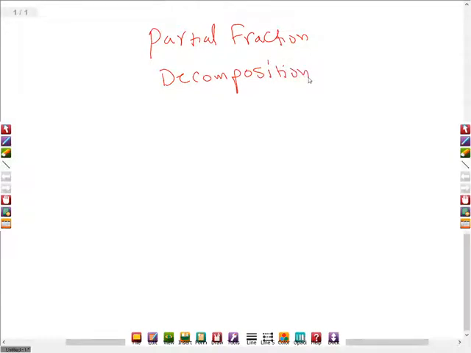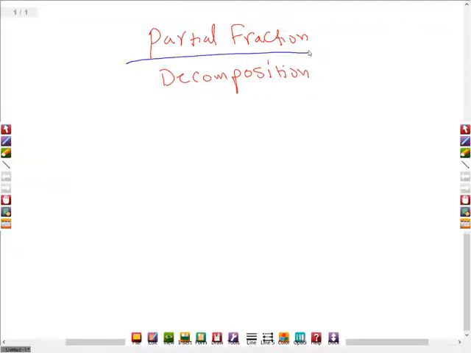Actually, we need this in calculus more than pre-calculus. This makes our integration for polynomials a lot easier. When I say partial fraction, I mean polynomial here.